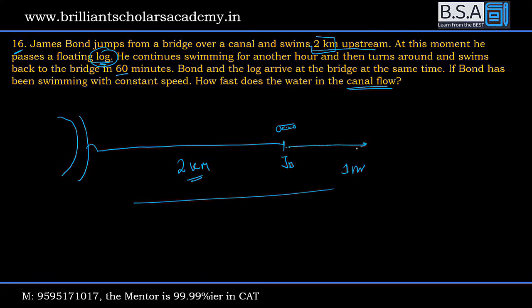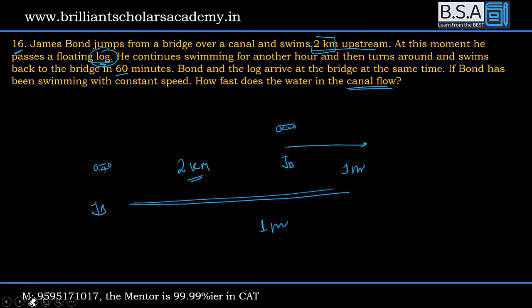Forward journey 1 hour. Backward journey also 1 hour. Now this log and James Bond reach the bridge at the same time. It's the same finishing point. It's the same starting, same finishing point.